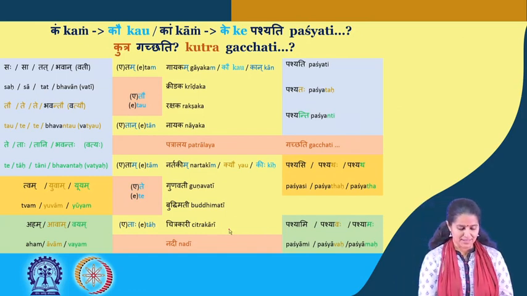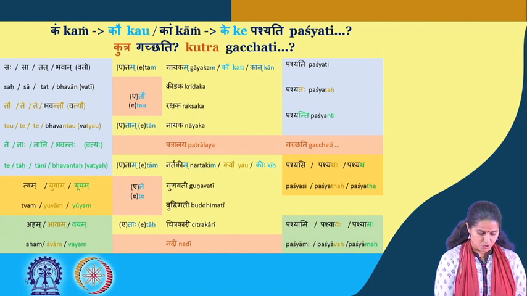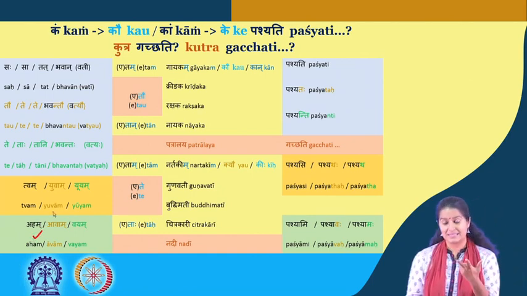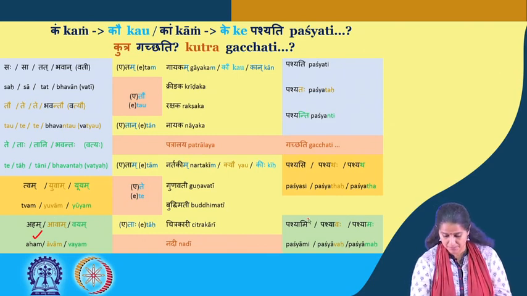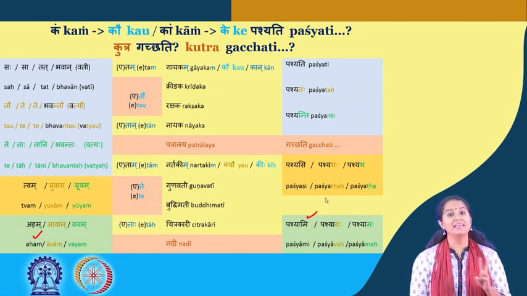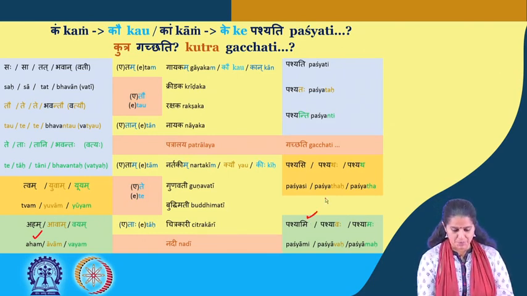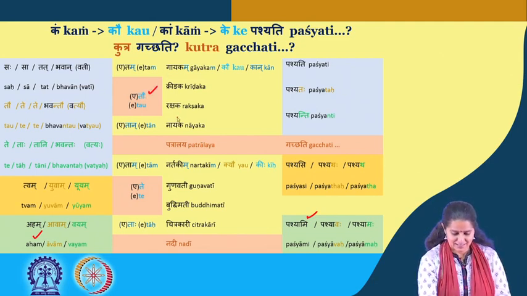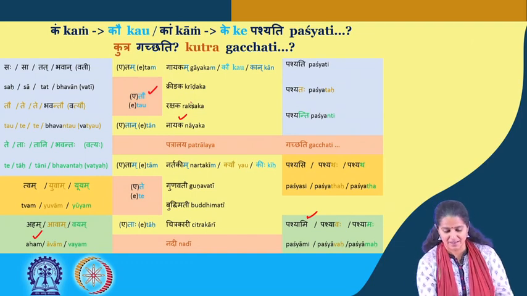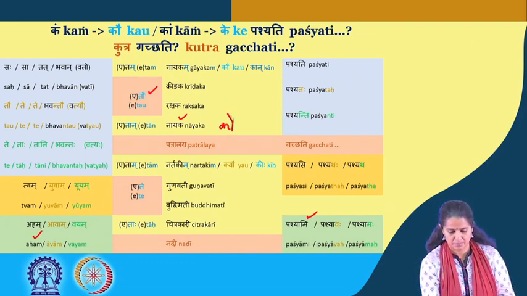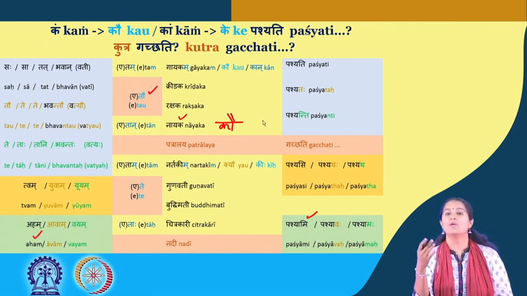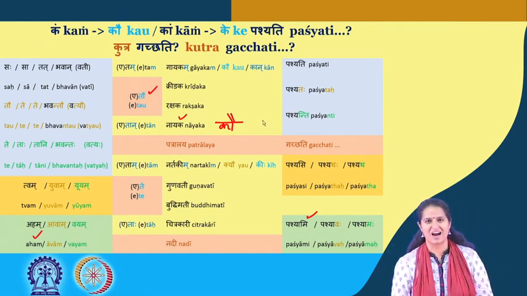Yeah, got that? Let's see. So I, very easy, aham, see, what will be the corresponding? Pashyami. These two would be etau, actors, nayaka, nayakau. Alright, so aham etau nayakau pashyami.